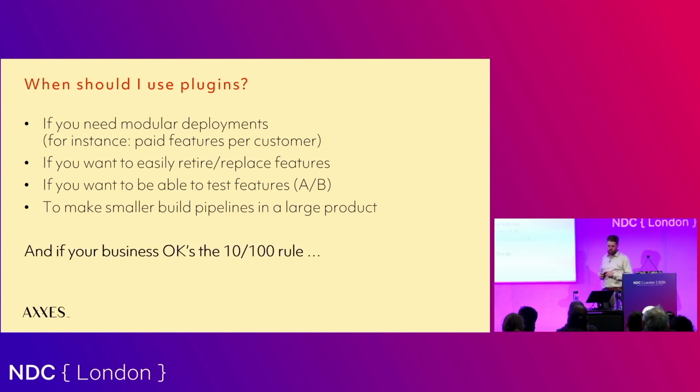And then there is the 10-100 rule. And I call it the 10-100 rule, but I didn't invent the rule. The 10-100 rule is an idea that I learned at an NDC from Udi Dahan from Particular.